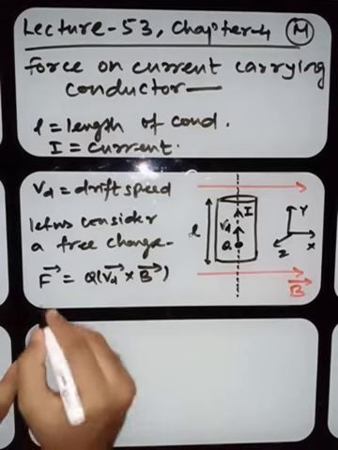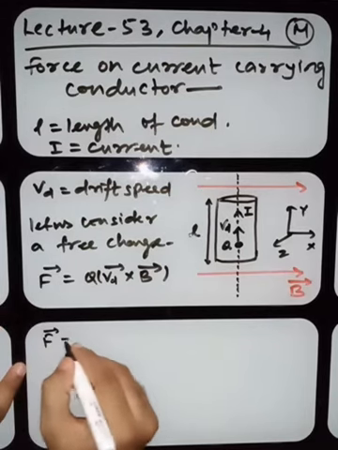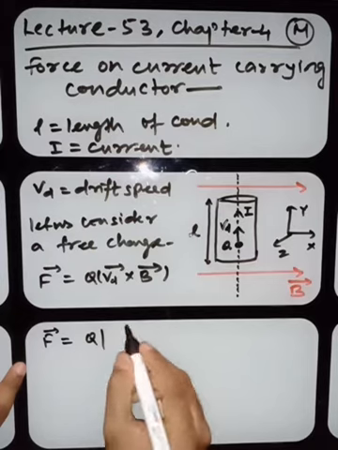Now, this force can also be written as Q times drift speed.